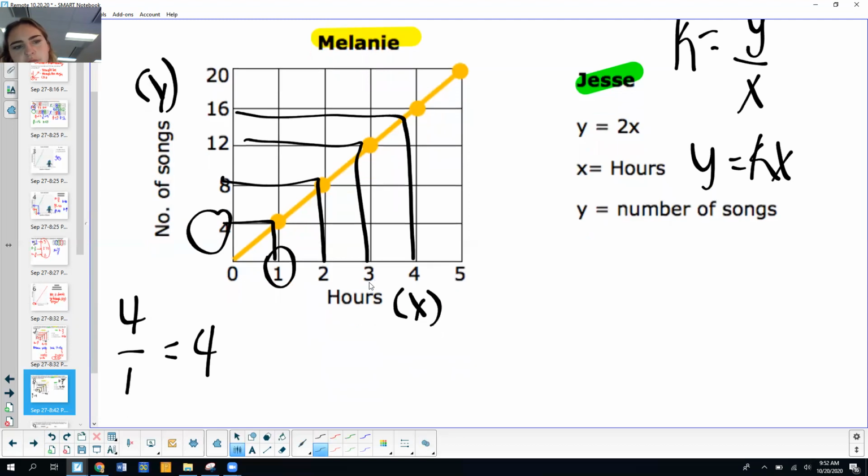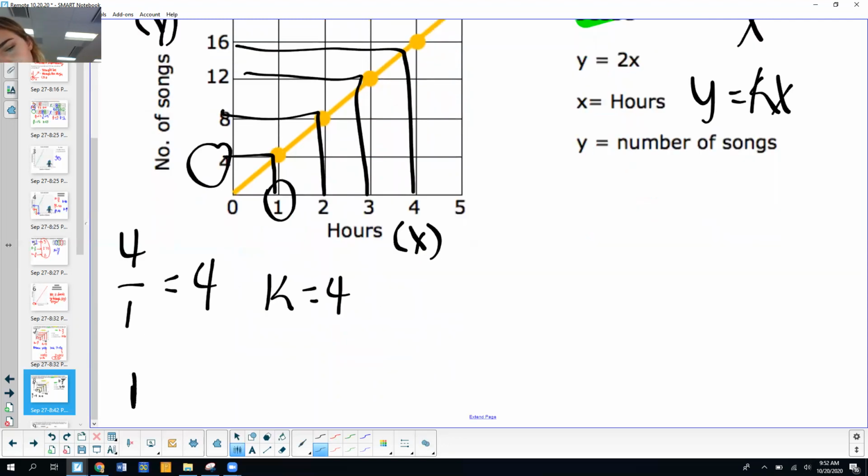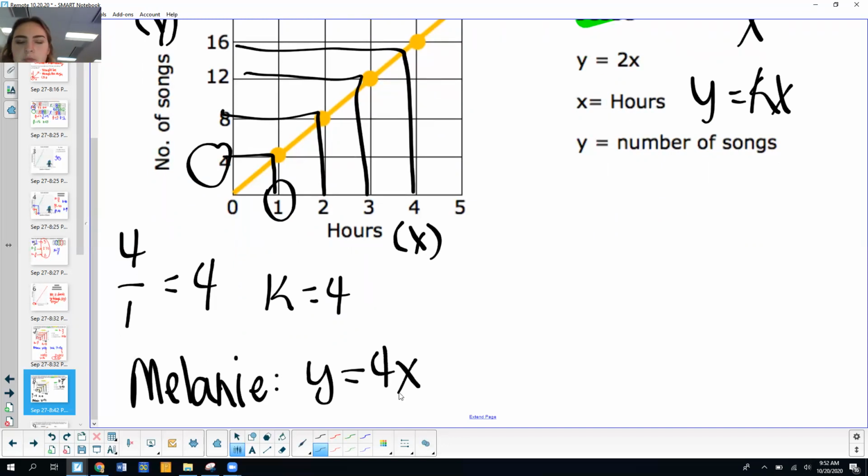So our constant of proportionality for Melanie is k equals 4. So for Melanie, her equation is going to look like y equals 4x, and that rate at which she listens to songs is 4 songs per hour.